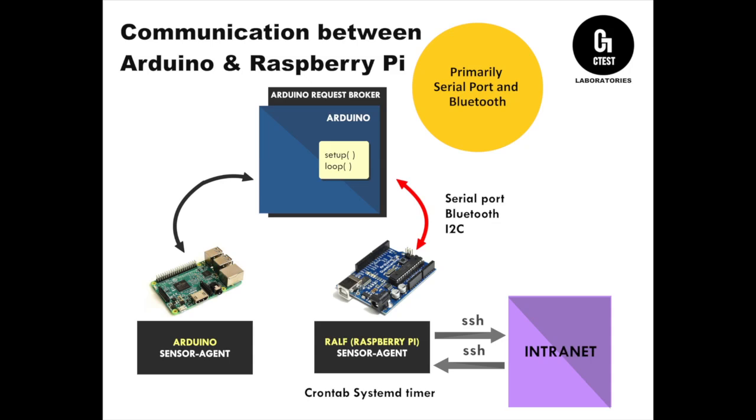You actually typically need something extra on the Arduino to accomplish Bluetooth, but you don't need anything extra to do serial port communication. So probably 90% of what we do is just connecting the GPIO pin serial, the RX and the TX pin and the ground, to the Arduino RX, TX, and ground, and we send serial connections and information from the Raspberry Pi to the Arduino.